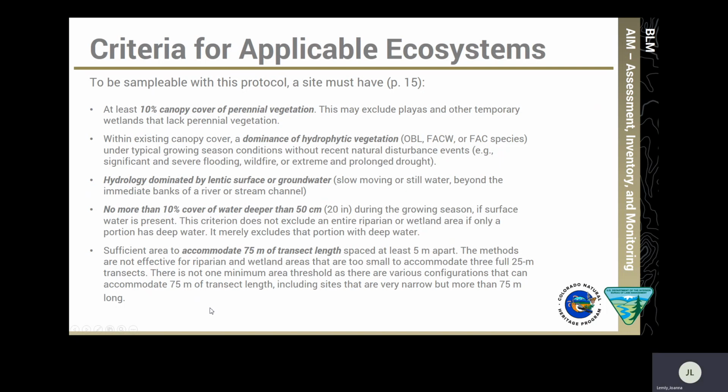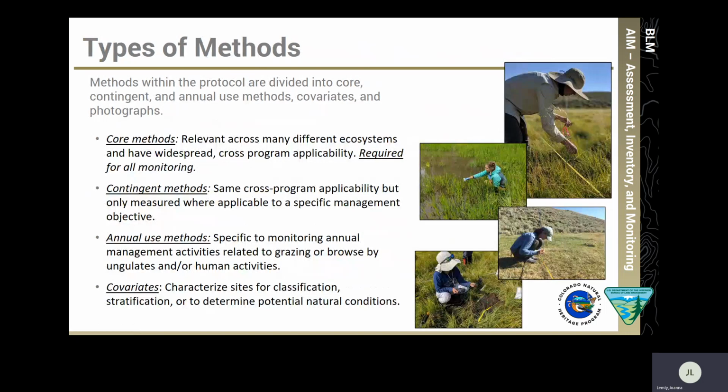The methods within this protocol are divided into core, contingent, and annual use methods, covariates, and photographs, as described on page 15 and listed in Table 2 on page 17. Core methods are relevant across many different ecosystems and have widespread cross-program applicability. They are required for all monitoring.